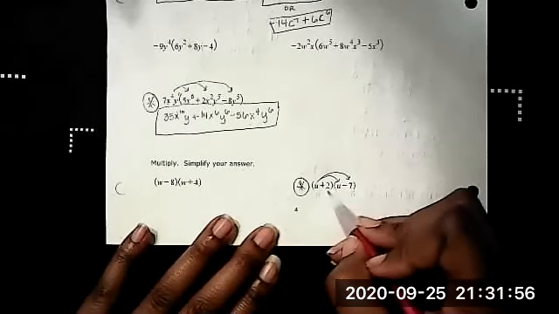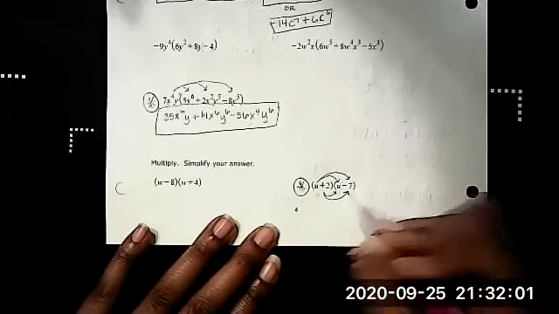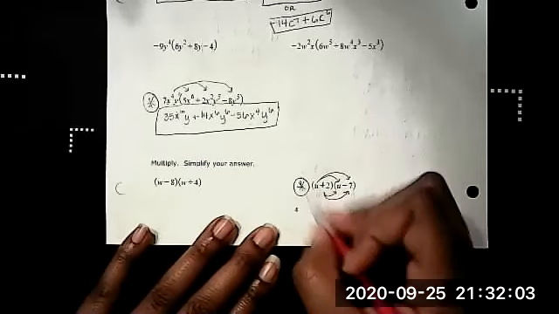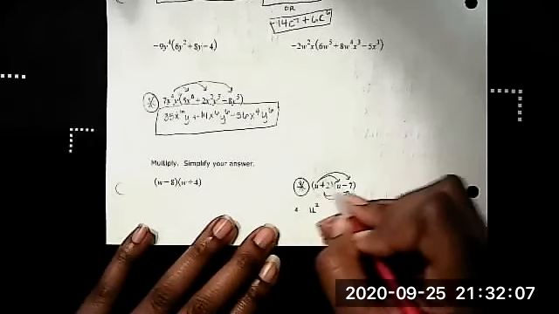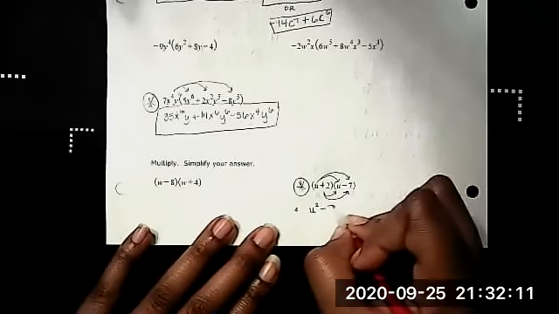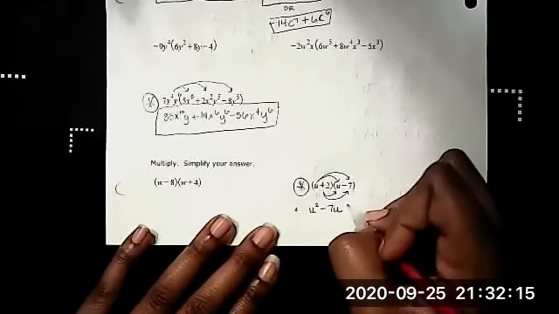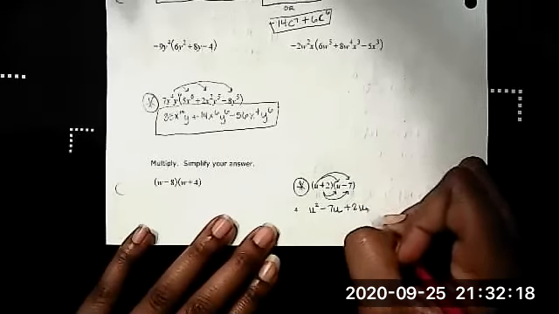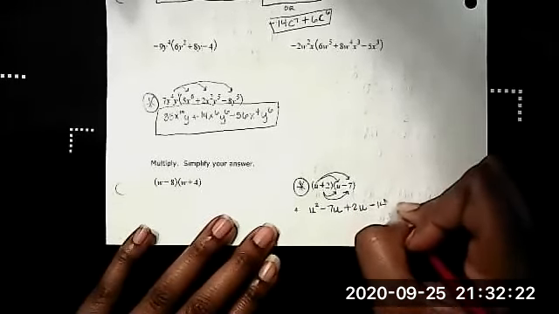Kind of hard to read. 2 times u, and then 2 times negative 7. So let's start. U times u is u squared. We should know that because same base, you add the exponents. 1 plus 1 is 2. U times negative 7 is negative 7u. Same thing here. 2 times u, positive 2u. 2 times negative 7, negative 14.